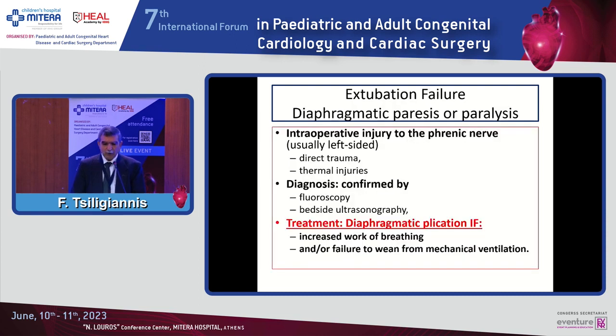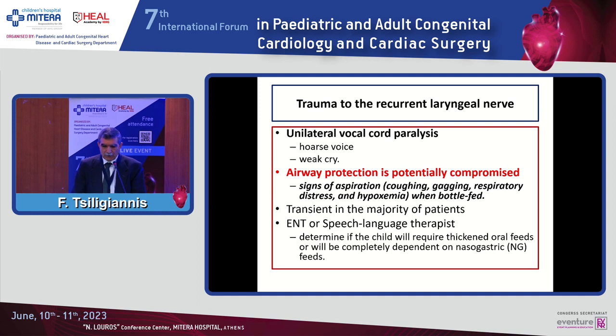I will go on quickly to extubation failure due to diaphragmatic paralysis. Intraoperative injury to the phrenic nerve, we use the left side, may be due to direct trauma or thermal injury. The diagnosis is confirmed by fluoroscopy and bedside ultrasonography, and the treatment is by diaphragmatic plication if there is increased work of breathing and failure to wean from mechanical ventilation. Trauma to the recurrent laryngeal nerve is mostly transient.